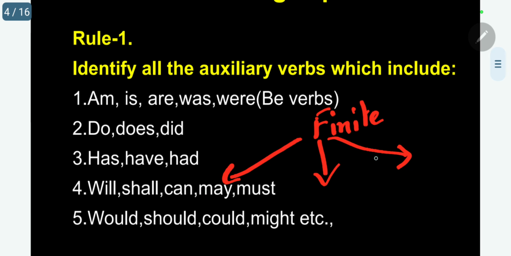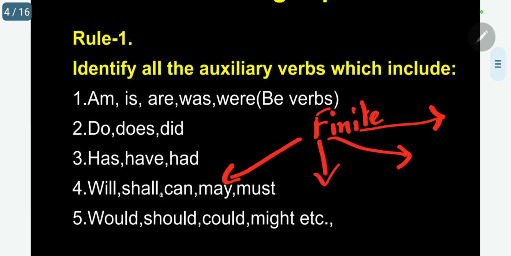Please follow. My method of classification is a new approach. It is not given systematically in any grammar book. This is very, very useful from the student's point of view. Now, based on importance, I am giving priority.